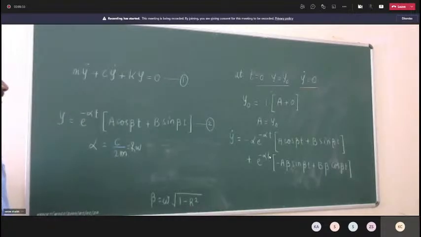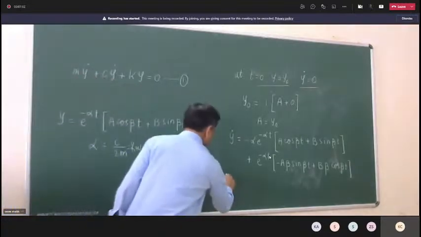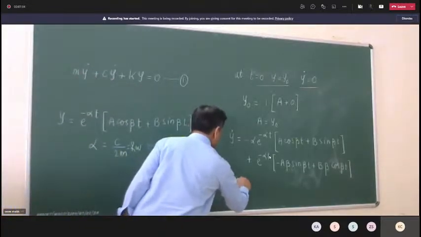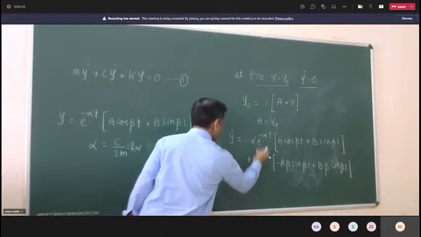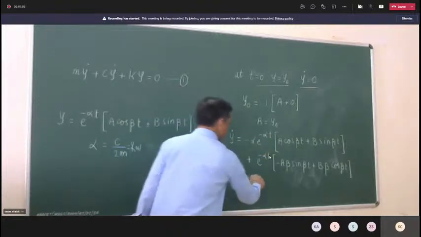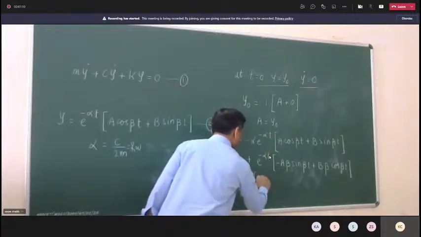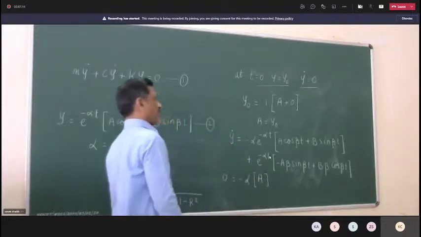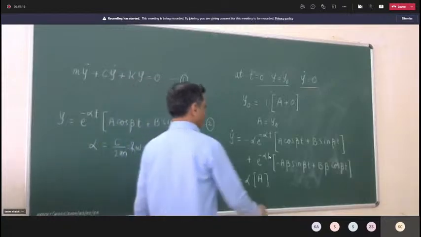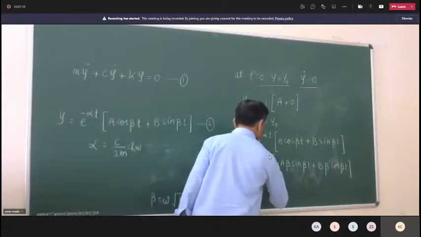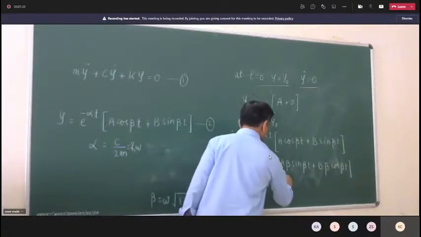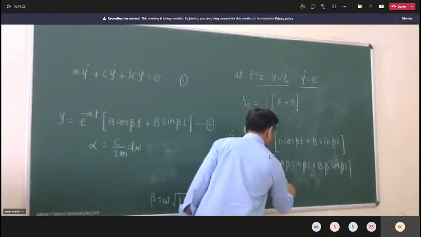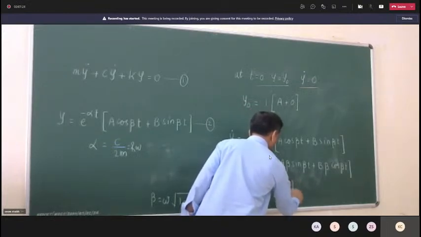Now you substitute at t is equal to 0, y dot is 0. So you get 0 is equal to minus alpha into 1 into bracket is A, plus e raised to 0 is what? Again 1, into B into beta.